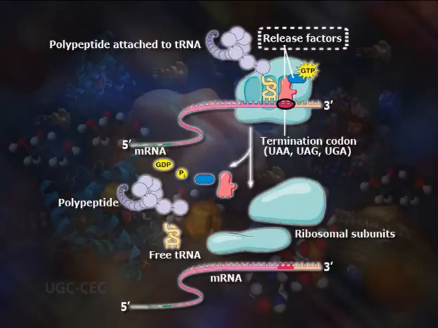The RF1 and RF2 help in the recognition of the termination codons, whereas RF3 is involved in the release of the completed polypeptide from its attachment at its C-terminal end to the last tRNA that had entered. After this process, the ribosome separates from mRNA and dissociates once again into its subunits in the presence of IF3.